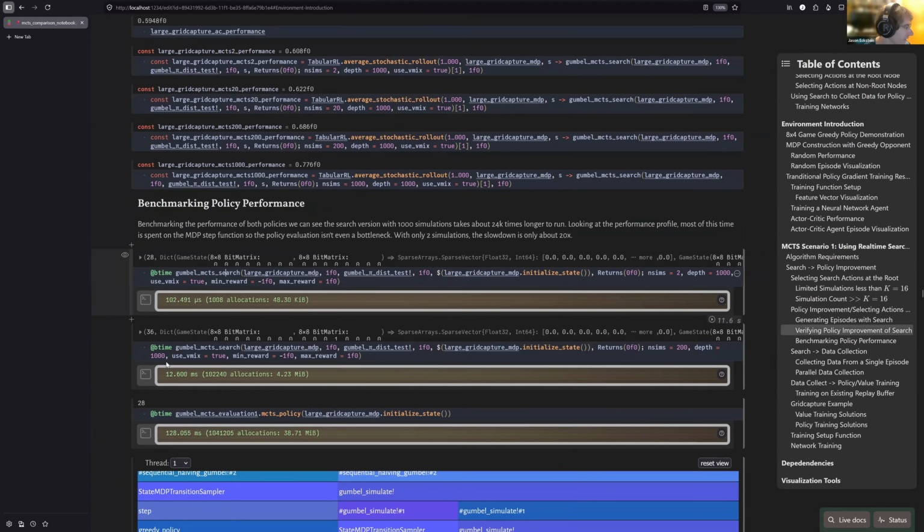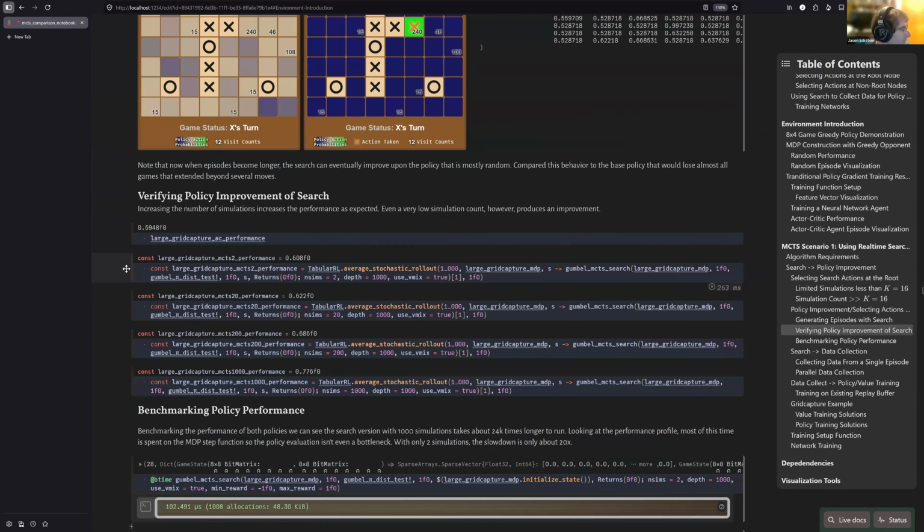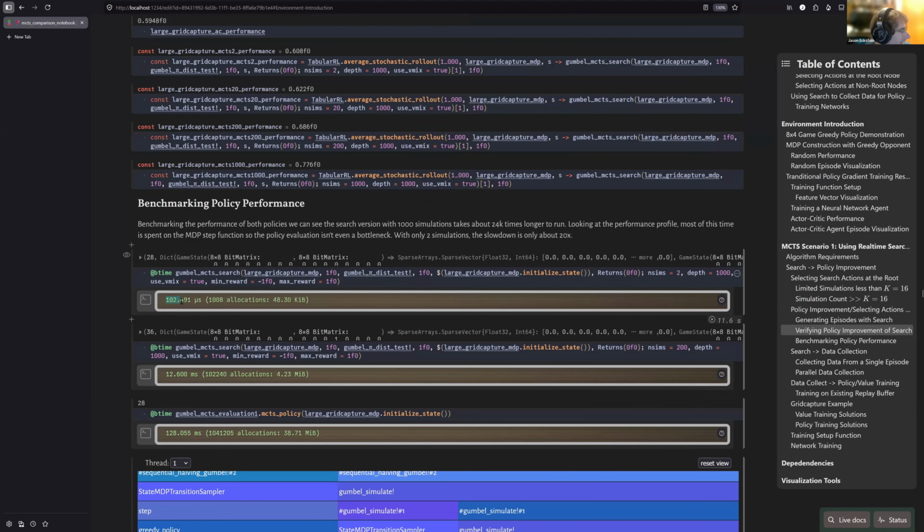So here, if we're looking at how long this actually takes to run, sorry, here I'm just benchmarking down here. This is the original policy function that we started with. Evaluating this one time only takes 5 microseconds. If I perform the search with only 2 simulations, it takes like 100 microseconds. So it's like 20 times slower.